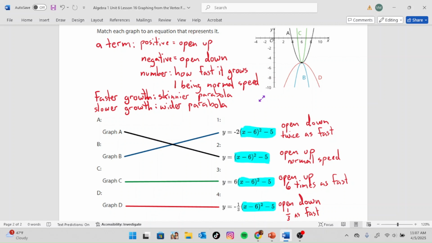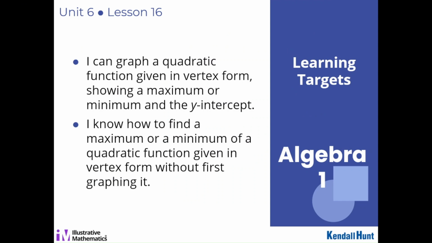Now, before we end this lesson, let's go back and look at the learning targets and make sure you understand everything you need to be prepared as we move forward. As we go back and look at these learning targets, number 1 says that you can graph a quadratic function given in vertex form showing a maximum or minimum and the y-intercept.